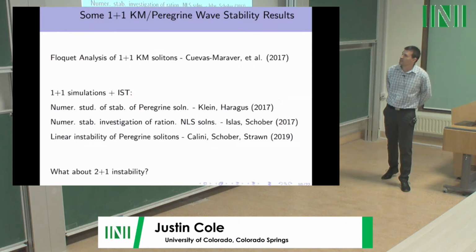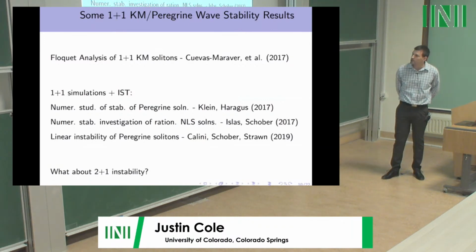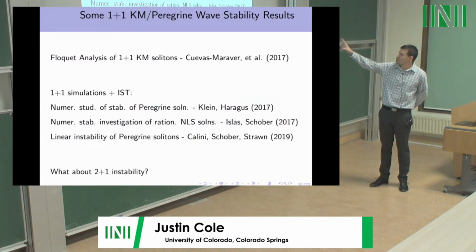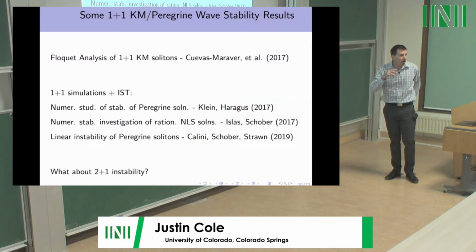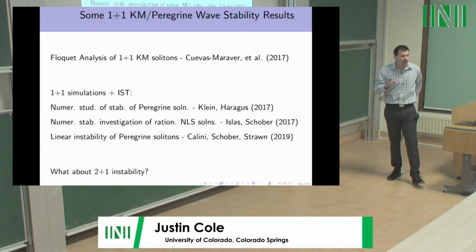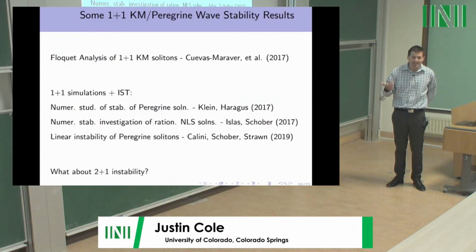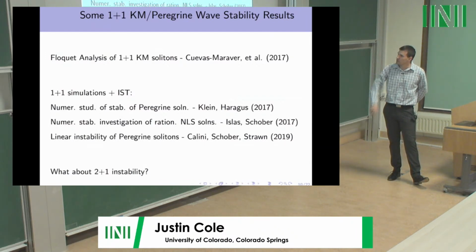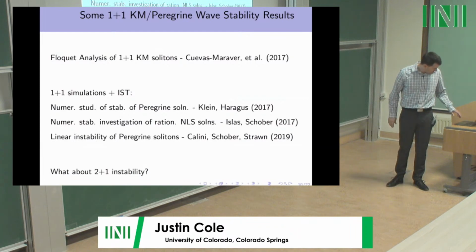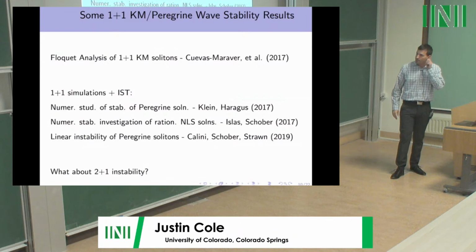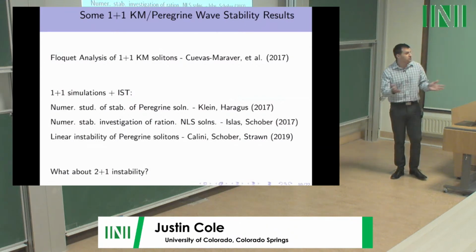Some other works include simulations of the 1+1 NLS equation. Klein, Haragus, Connie Schober, some of her works with Islas, Calini, and Strawn, all show that in the 1+1 case, small random perturbations can lead to significant instabilities. And also in the 2019 work of Calini, Schober, and Strawn, there are some IST calculations to back that up. So our question was very simple.